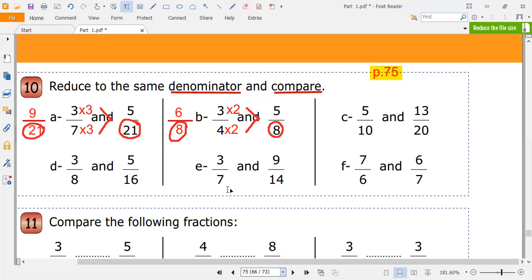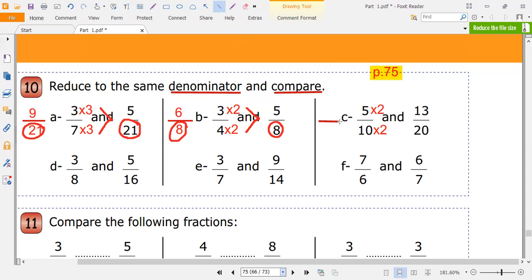Now we have 5/10 and 13/20. Can the 10 become 20? Yes, if we multiply it by 2. So we have to multiply this fraction by 2. We multiply the numerator and the denominator by the same number.